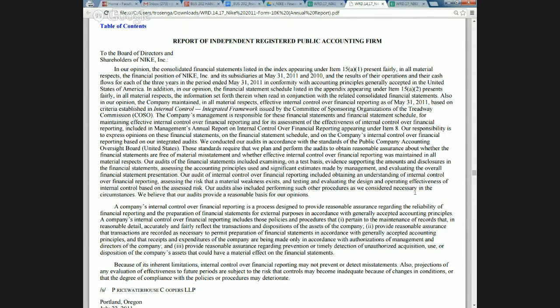Now, what's the purpose of this audit report? Its purpose is to attest to the fairness of the presentation of the financial statements. And why is that important? Because investors rely on these financial statements to make their decisions to buy and sell shares of Nike stock.